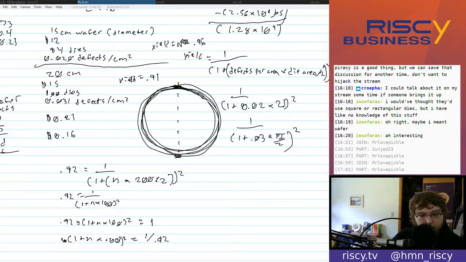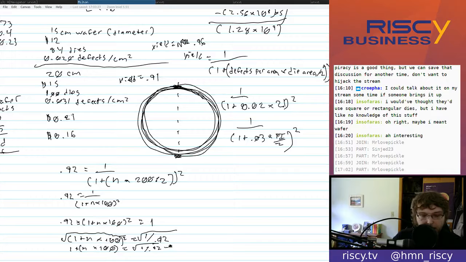And then if we take the square root of both sides, we get 1 plus n times 100 is equal to the square root of 1 over 0.92. And then the order of operations is like this, right?